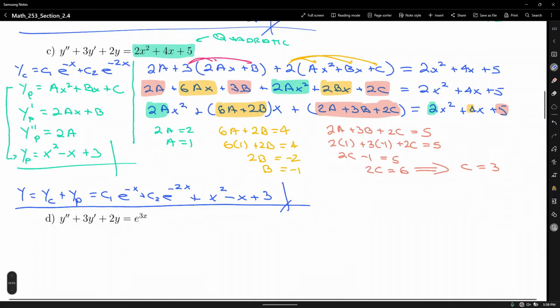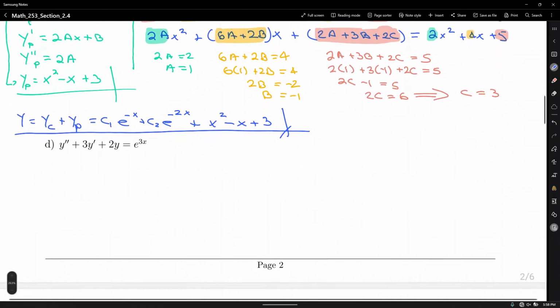All right. Okay. So for example, letter D. The same differential equation with the same y sub c. Y sub c equals C1 e to the negative x plus C2 e to the negative 2x. What do we have on the forcing function this time?